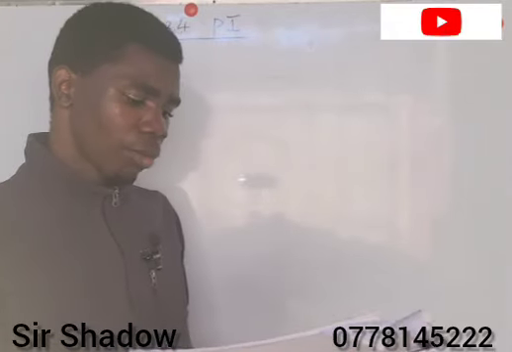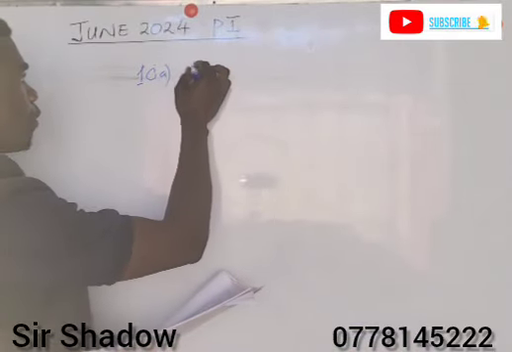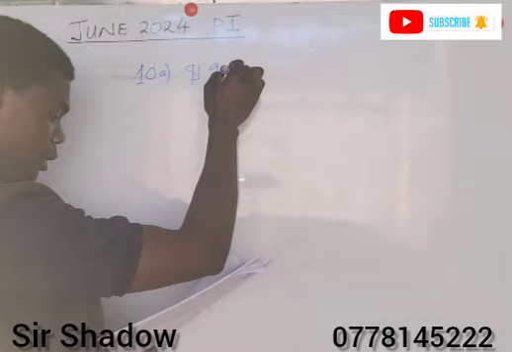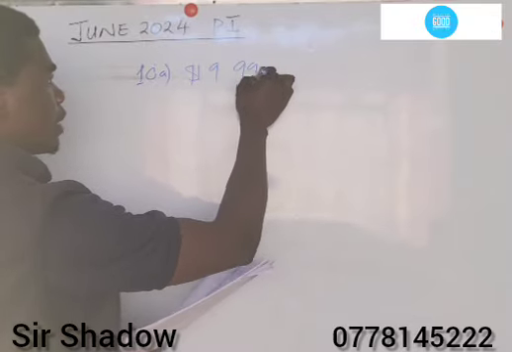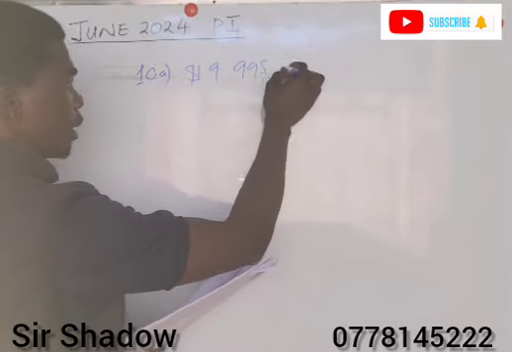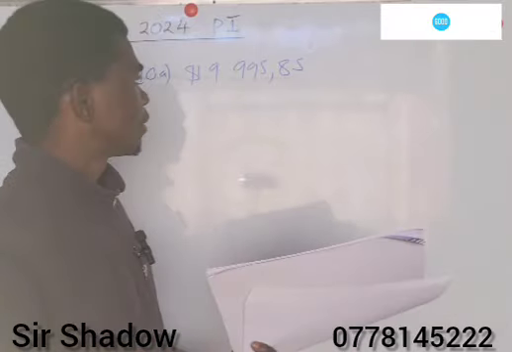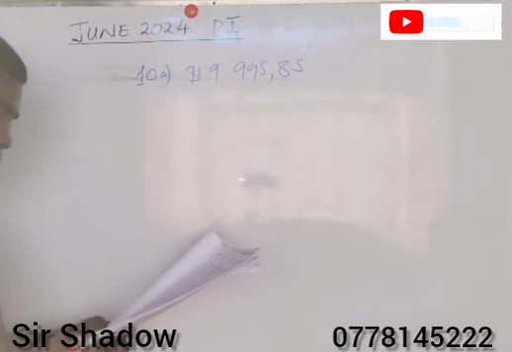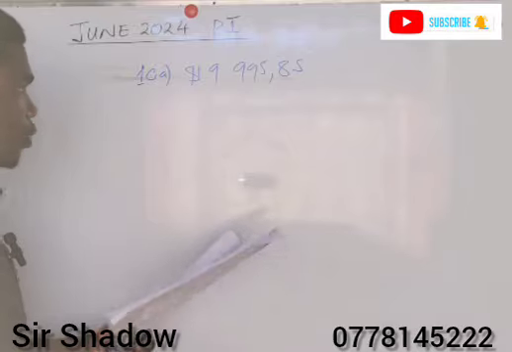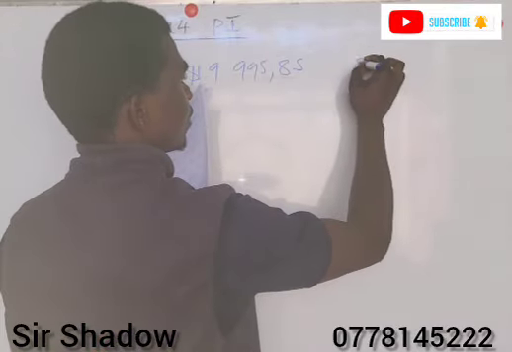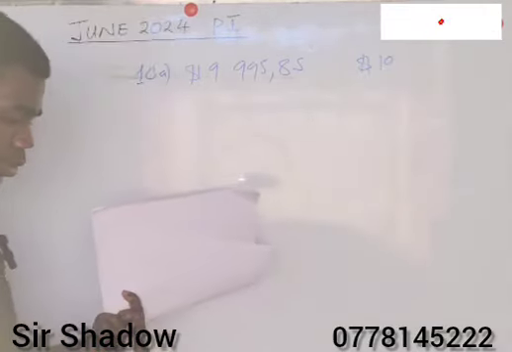Question 10A reads, round off 9,995.85 to the nearest $10.